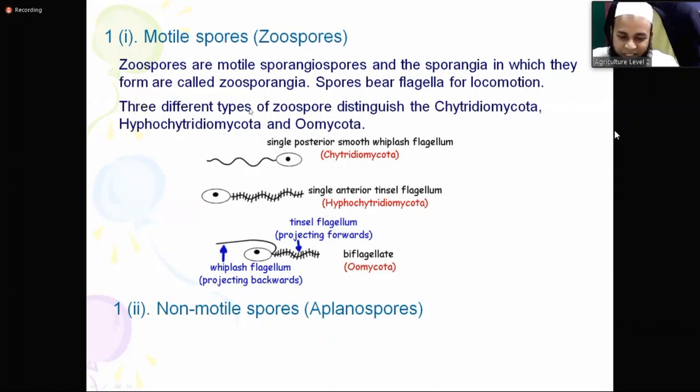Okay. So three types of zoospores distinguish the Chytridiomycota, Hyphochytridiomycota, and Oomycota. Maybe another teacher will teach you the same thing, but I give you some introduction. In Chytridiomycota, a single posterior smooth whiplash flagellum.